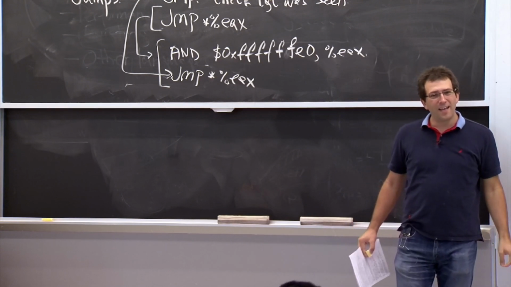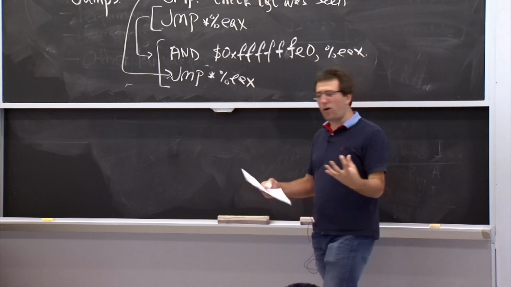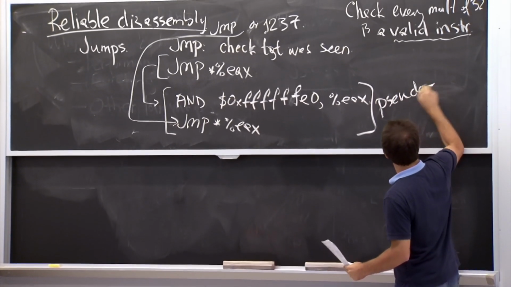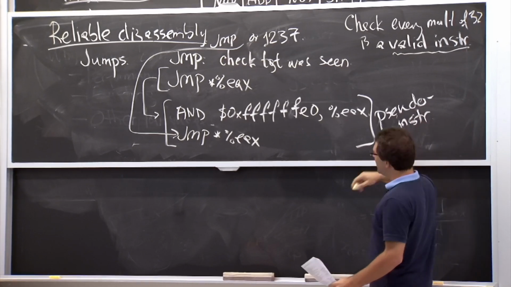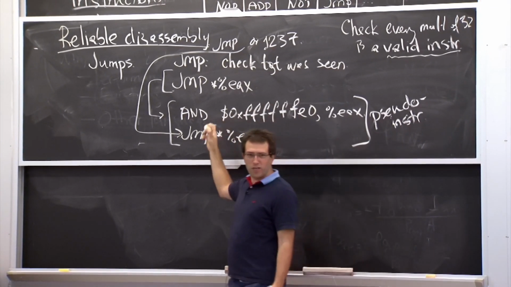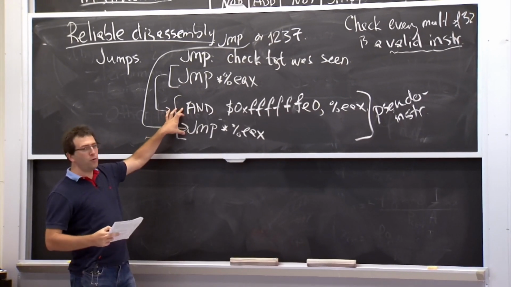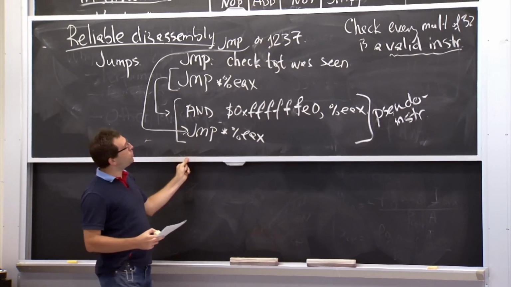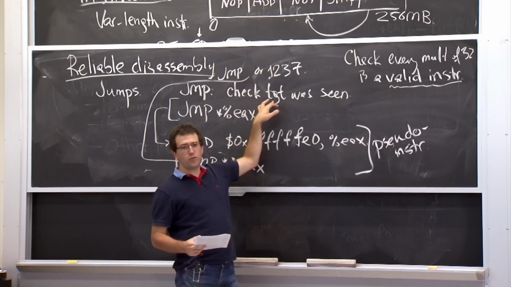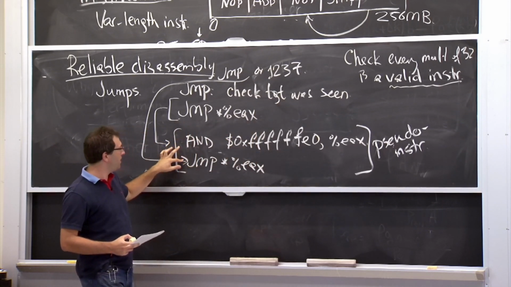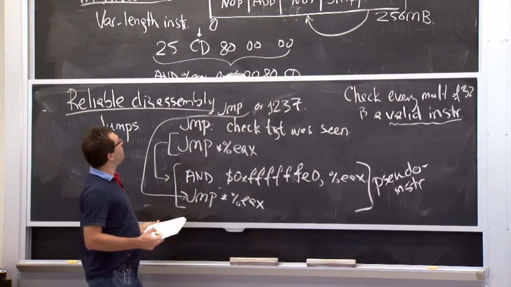Well, the NaCl validator should treat the AND and jump as a single instruction. This is why they call this thing a single pseudo-instruction. Even though at the x86 level they're distinct instructions, as far as the NaCl validator is concerned, it's a single atomic unit. So as far as the check for whether it's an instruction that you saw before, this is the only instruction that I saw before. Jumping in the middle is like jumping in the middle of this guy.